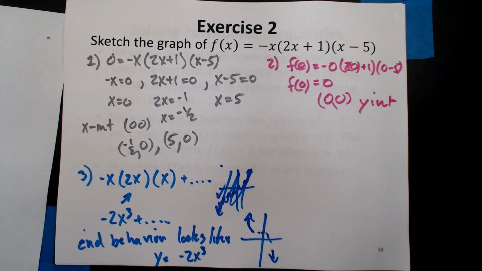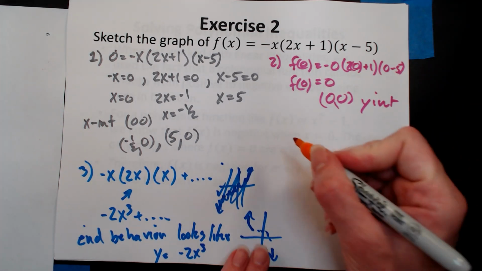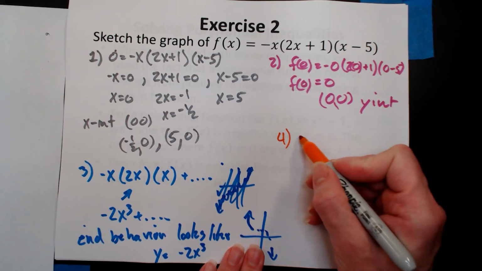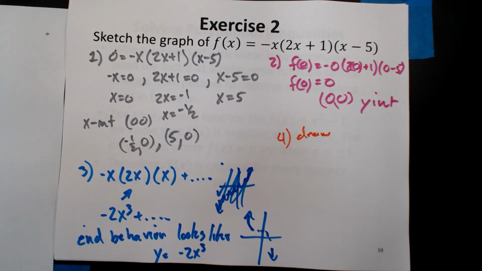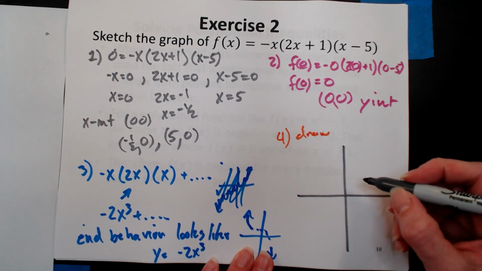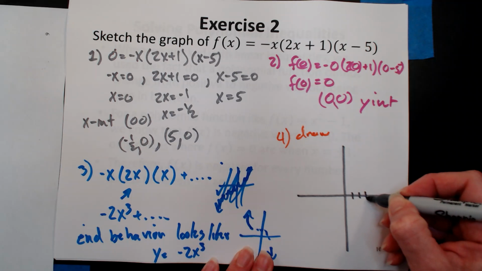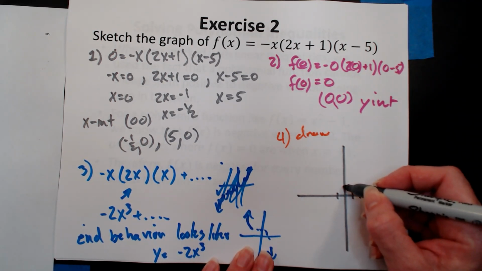So when we go to draw the graph, number 4, I'm going to draw my x and y axis here. We'll have 1, 2, 3, 4, 5, and 1 going up.